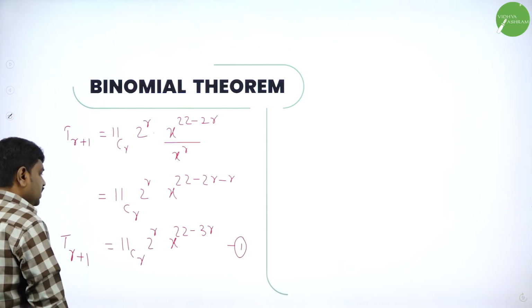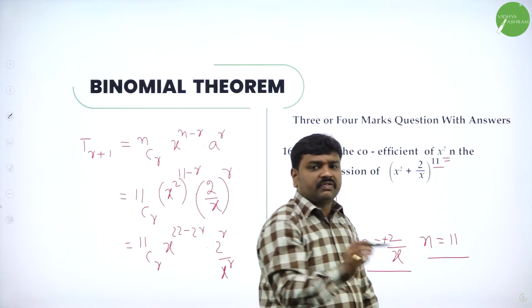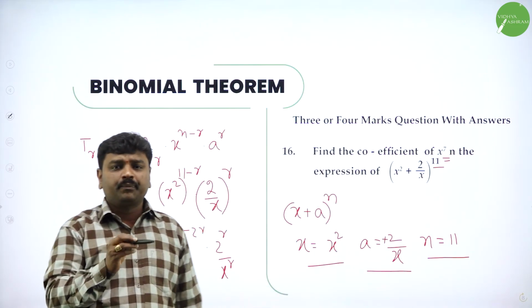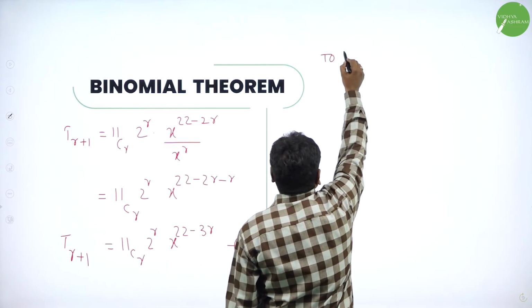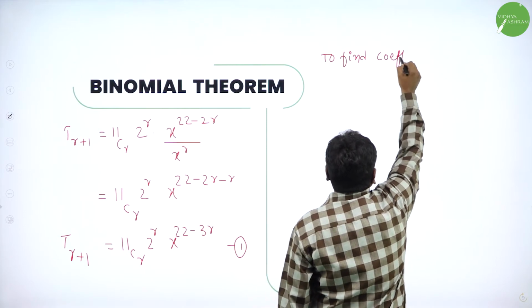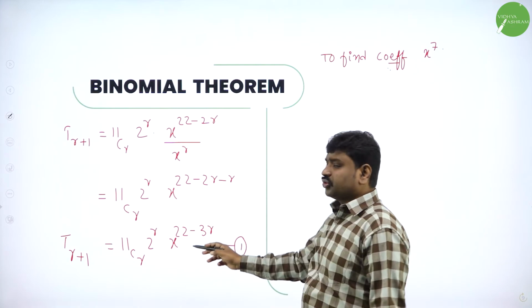But now we are interested in the coefficient of x power 7. In the problem, they want you to find the coefficient of what? x power 7. So if you want the coefficient of x power 7, equate the power of x to 7.